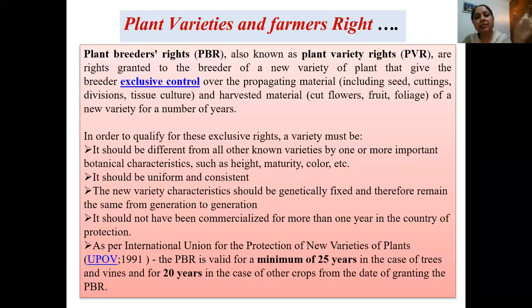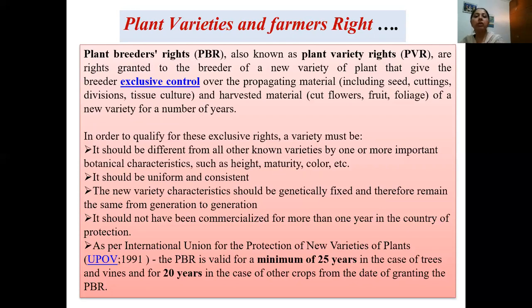That gives the breeders exclusive control over selling, over using, over commercializing that new plant variety. Nobody else can do that. Only the breeder has the exclusive control of doing so, or you have to get consent from the breeder. Right? So this plant breeders right gives the right to the breeder over the propagating material. It can be seed, cuttings, divisions, tissue culture. It can be cut flowers, fruit, right, of the new variety for a number of years.